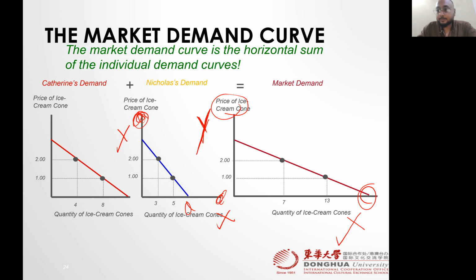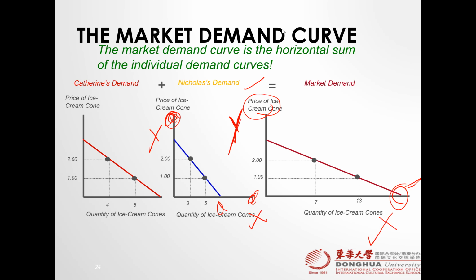If we take prices on the y-axis and the quantity of ice creams on the x-axis, think about that. I'm going to give you 3 minutes and then we come back to answer.